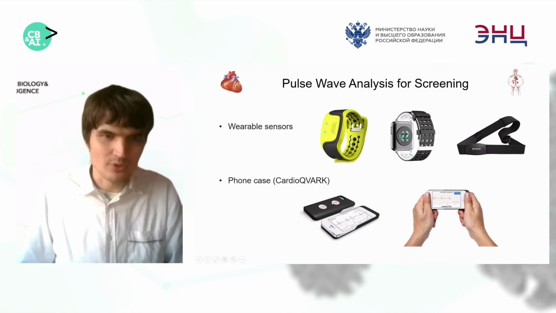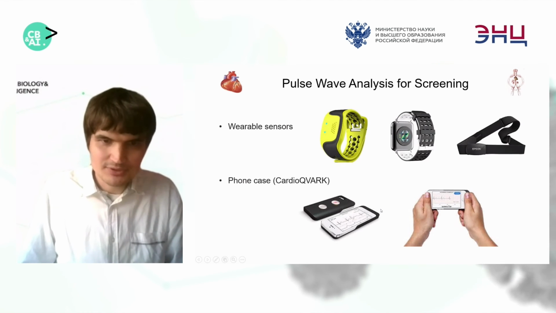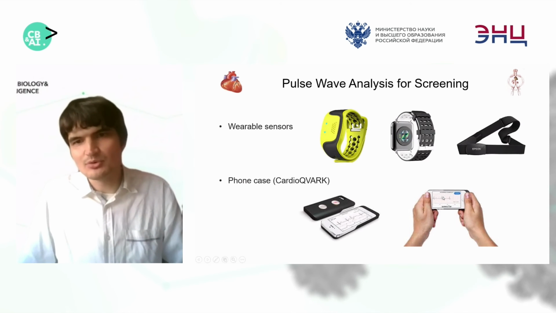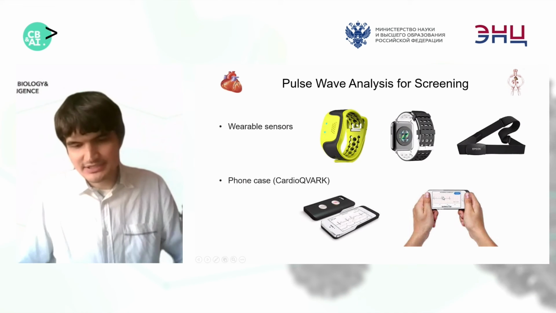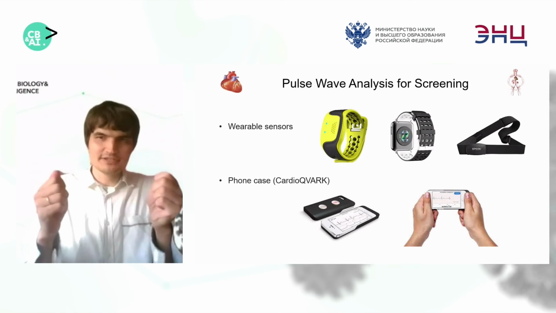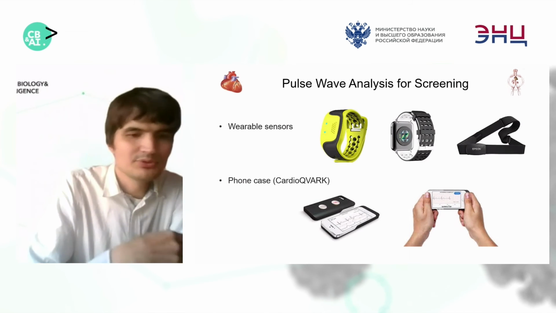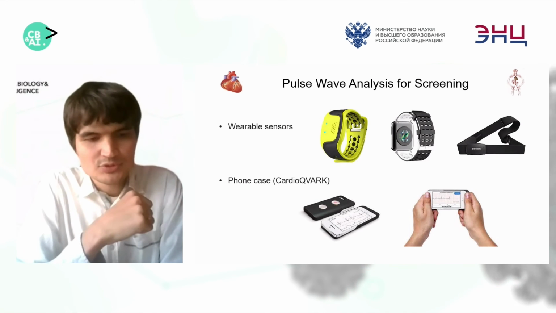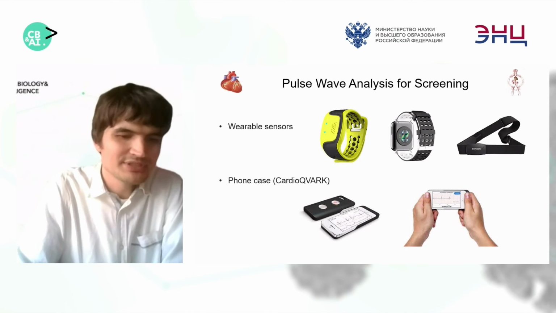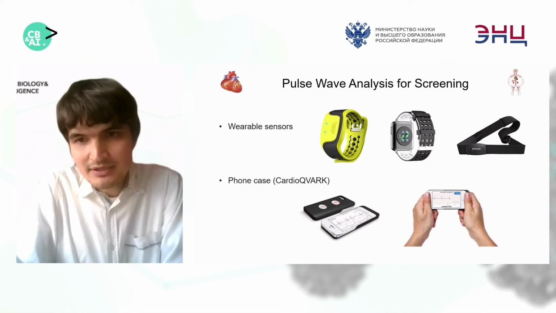You can put your thumbs on the phone, and this program will read your cardiogram and also photoplethysmography from your fingers. Well, cardiogram, of course, is not a pulse wave, but at least it will read your photoplethysmography.